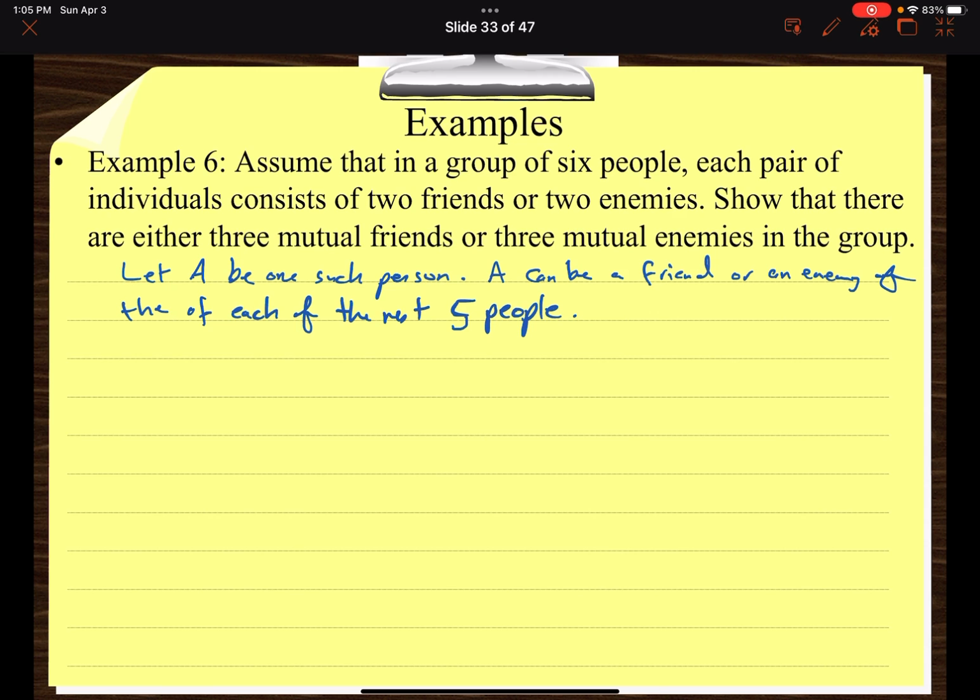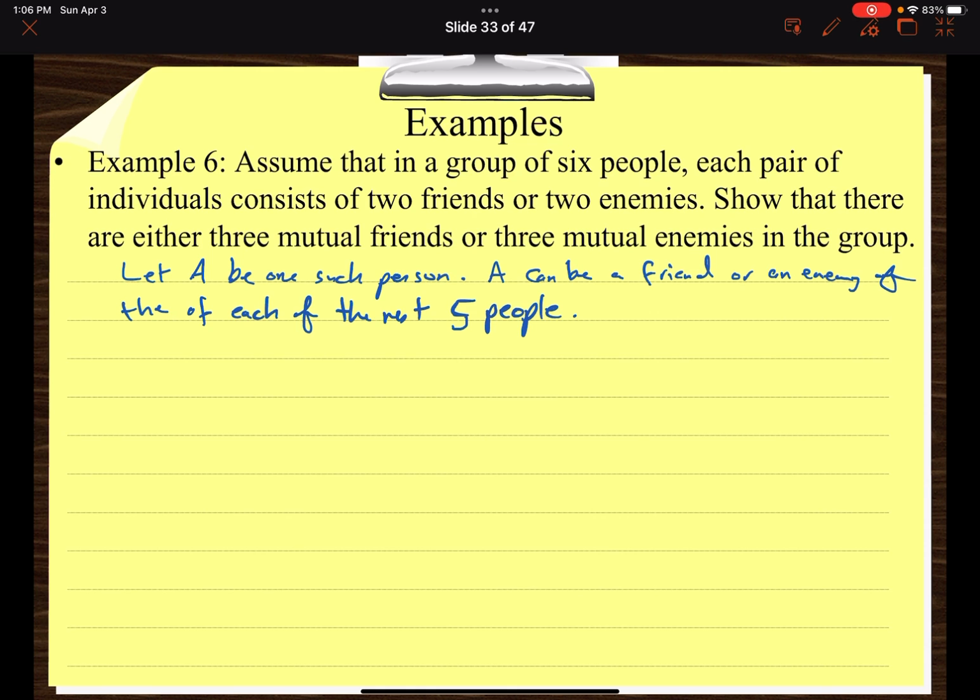Yes, go ahead. It can be friends of 3 and enemy. Where did you get the 3? You're right, but let's go back a little bit. Does anybody see any boxes or objects here in this situation?